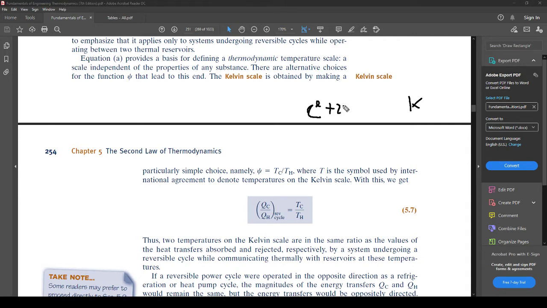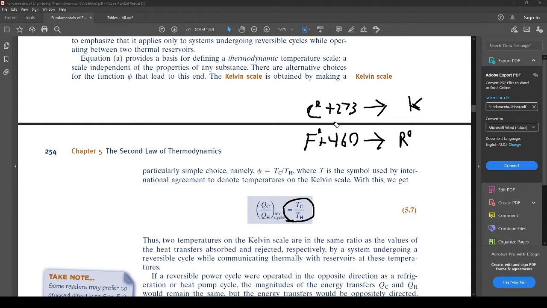And likewise for Fahrenheit to Rankine, you add 460 and that gets you to Rankine. And so you have to use these temperatures when you use this equation for these TC and TH. Sometimes they won't give it to you in that form.